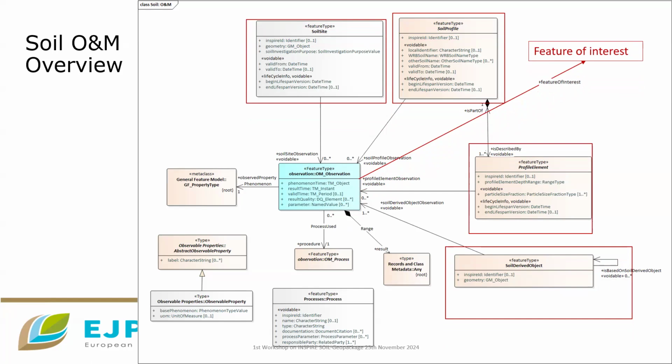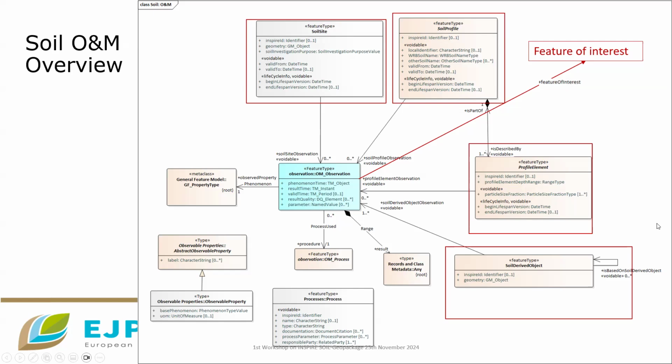Now we have to be very clear that the O&M observation is linked, as we have seen before, to the feature of interest through the association named feature of interest. The feature of interest can be the soil site, the soil profile, the profile element, the soil derived object.